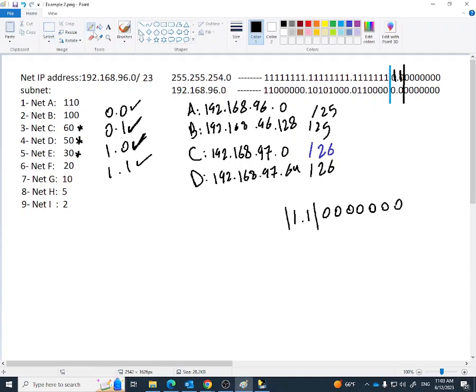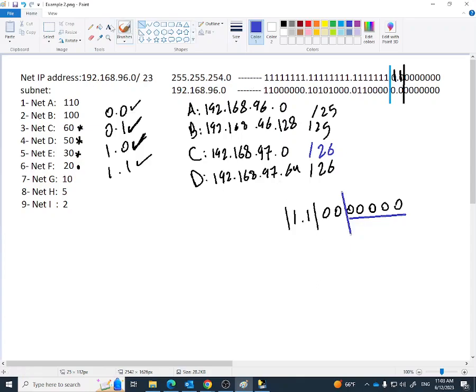How many bits do I have to keep out of those 7, pay attention to the 7, to be able to get 20? Well, the answer will be 5. Okay? The answer will be 5. So if I draw the line for the 5, here they are, that simply means I will have 2 bits to borrow.